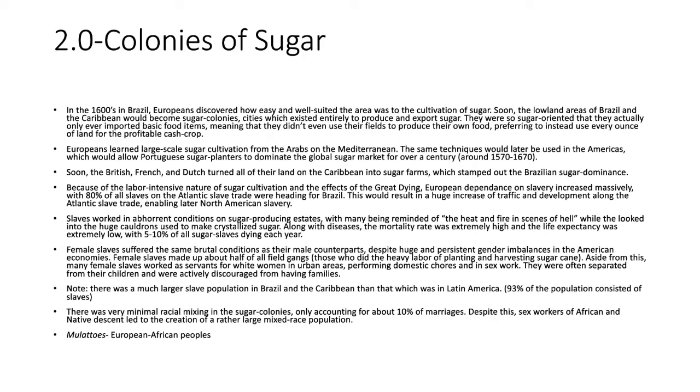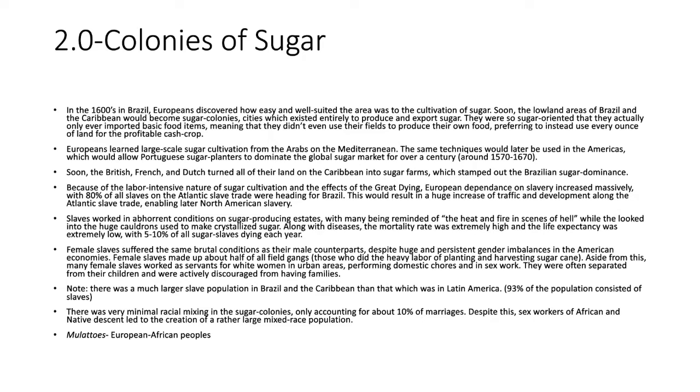What they did was they essentially came in and said, literally the only thing you are making is sugar. You're not growing anything else but sugar. It was so extreme that a lot of these colonies literally only existed to produce and export sugar.